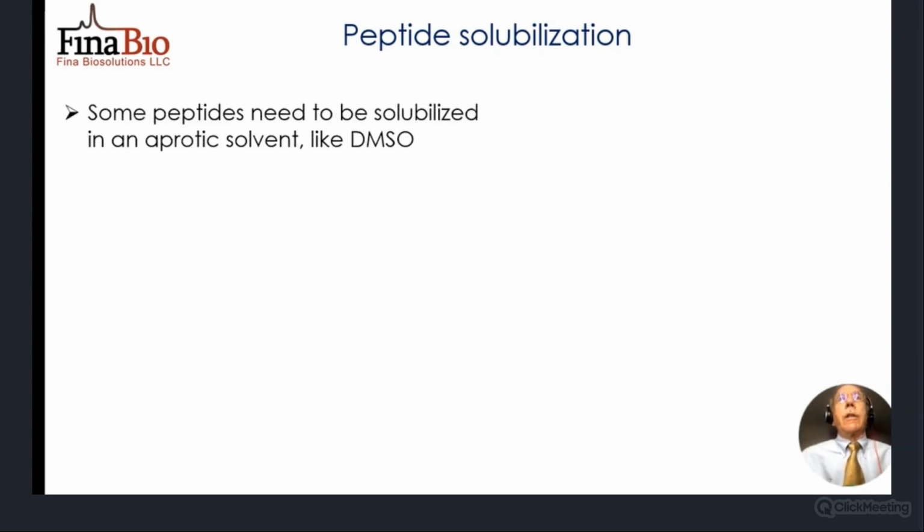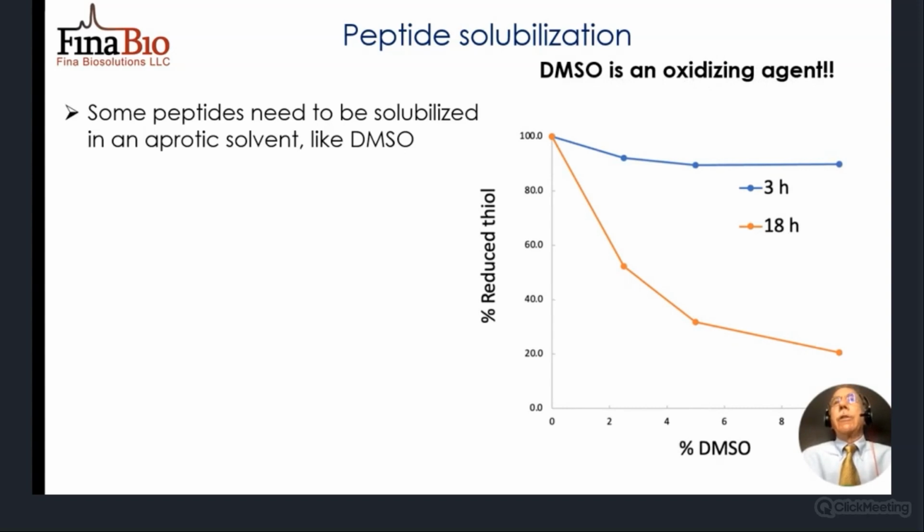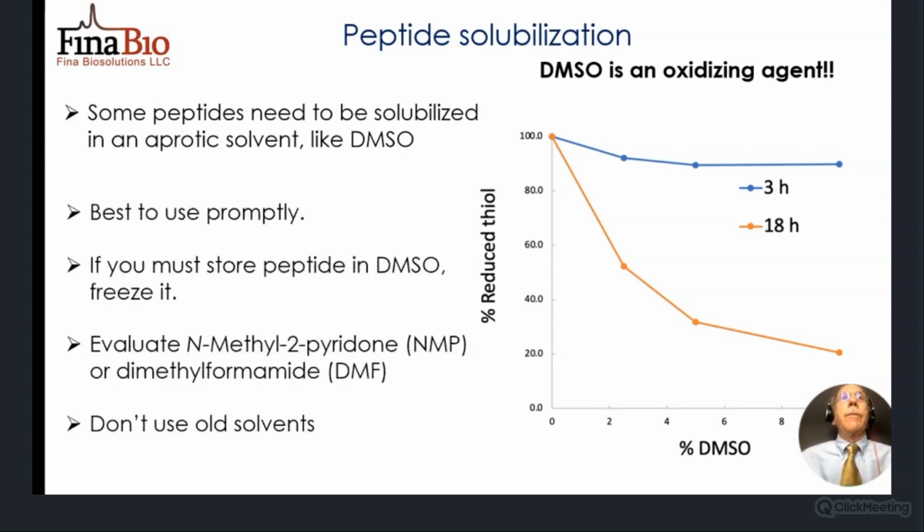I should note that some peptides and some people just standardly solubilize in a solvent like DMSO. DMSO in particular, you should note, is an oxidizing agent, and it will promote disulfide bond formation. If you store your peptide overnight in DMSO, you might find that all of your thiols are oxidized.